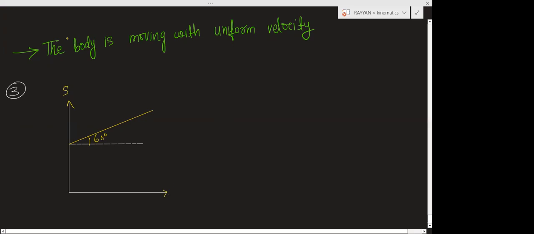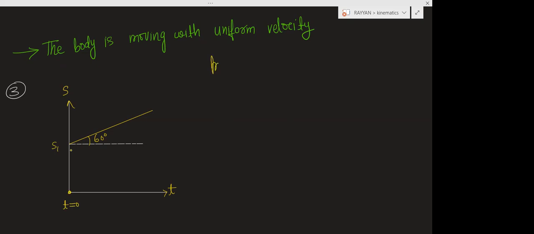So what can you say about the motion? Now see the initial point, t is equal to 0. T is equal to 0 means initially there is some displacement. So you can say initially some displacement by the body.